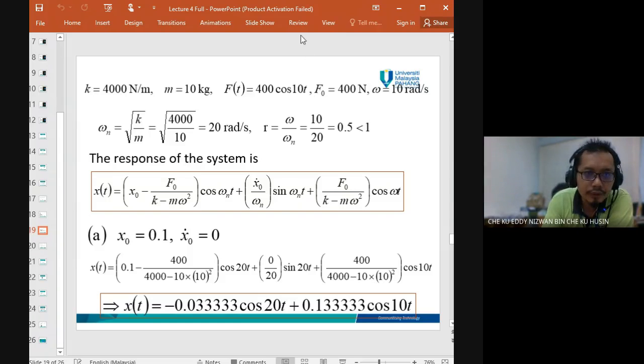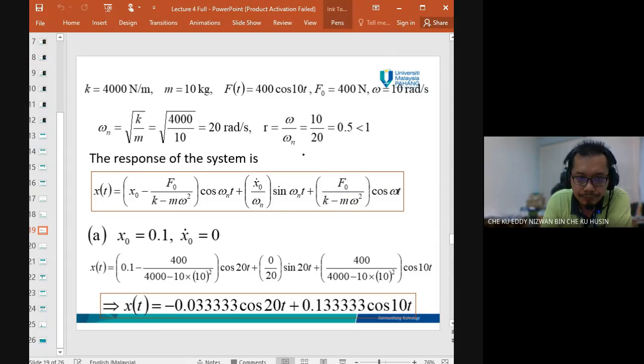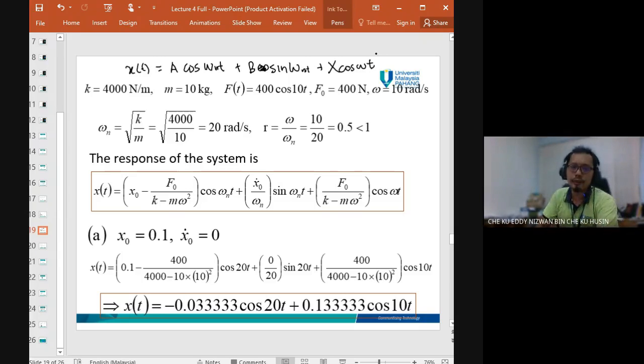You can just represent it in this equation as x(t) equals A cos ωn t plus B sin ωn t. Okay, so that's the common solution, which is more universal.